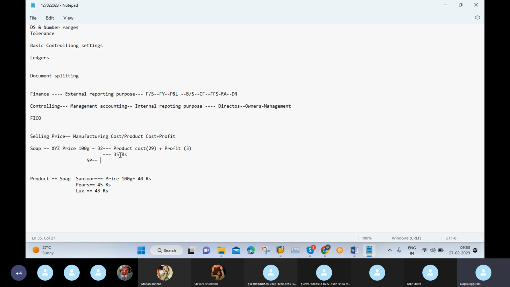For example, instead of this case, here I can put 40 rupees or 45 rupees as my product cost. Then what is my selling price of my soap? 45 plus 3 rupees profit, so 48 rupees. So in a 45 rupees product cost, I can add my profit.